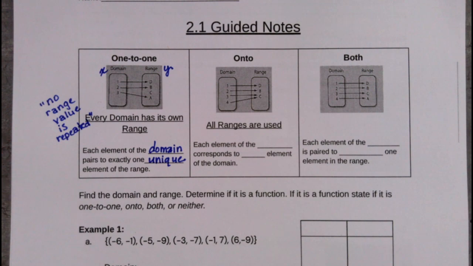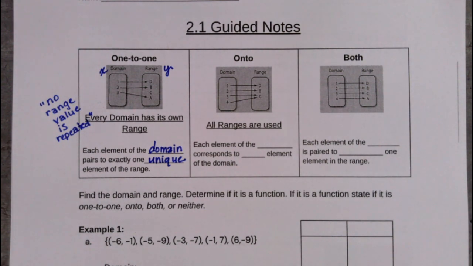Do you get that? Each one on the left is used only once on the right, one-to-one. Now, we do notice that in a one-to-one function, you can have a range value that's not used at all. That C is not used by any of the domain values, and that's okay. It's just left out. That is allowed in a one-to-one function.